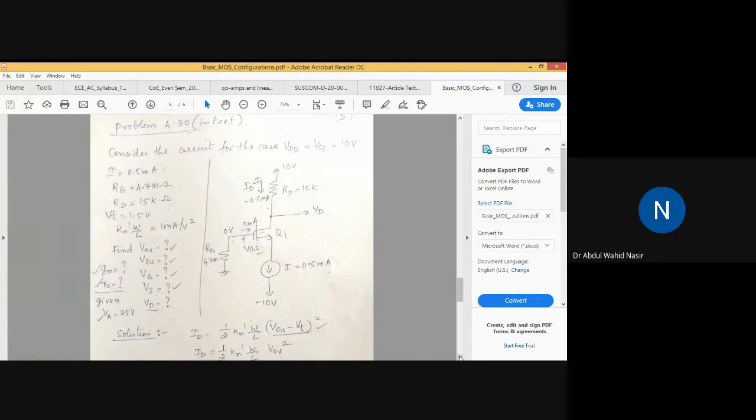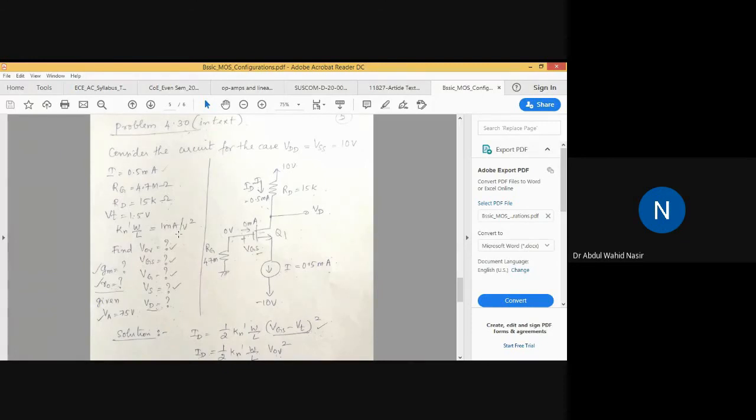RG is the gate resistance, RD is the drain resistance, given as 15 kilo ohm. VT, the threshold voltage, is equal to 1.5 volt.